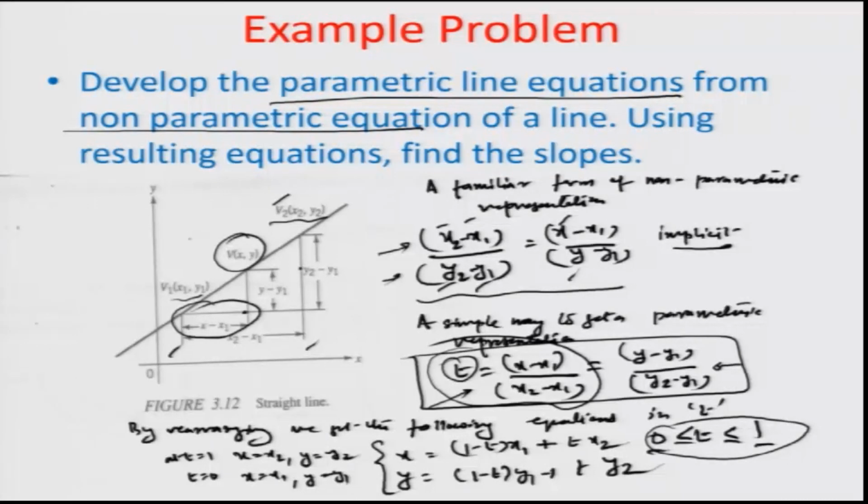If I now wanted to look at a local domain rather than going from t equal to 0 to t equal to 1, I can always go between t equal to 1/3 and 2/3, or half and 2/3. So, we can actually zoom down on various sections of the line by assuming different bounds for the parameter t.